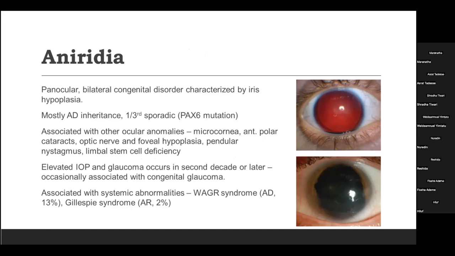There can be pendular nystagmus, and elevated IOP and glaucoma occur in the second decade or later, occasionally associated with congenital glaucoma. It can also be associated with systemic anomalies, which are known as WAGR syndrome, and there can be Wilms tumor in this.